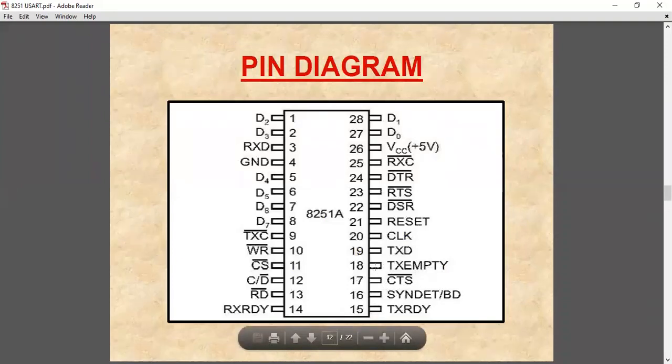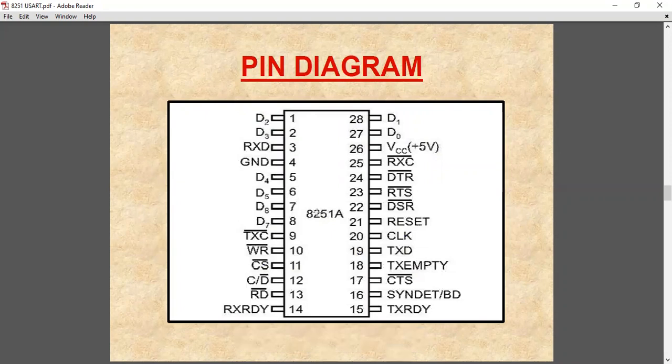Transmitter empty. Whenever the transmitter is empty, it will generate a transmitter empty signal, such that immediately, another byte will be loaded by the 8086.